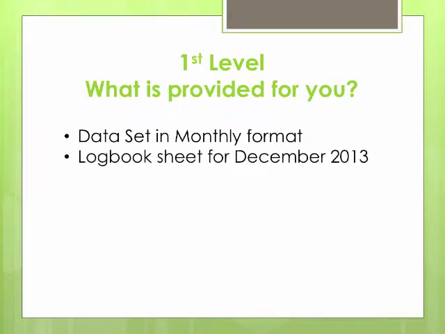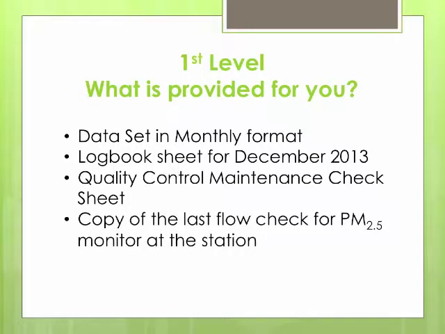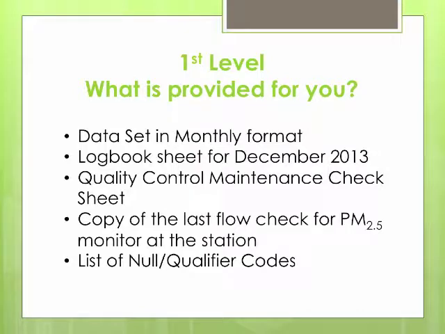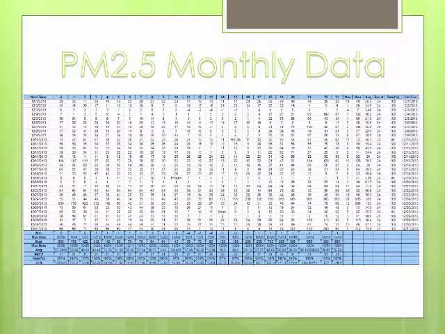You got a data set in a monthly format. You got a logbook sheet, quality control maintenance check sheets, a copy of the last flow check for the PM 2.5 monitoring station, a list of null codes and qualifier codes.